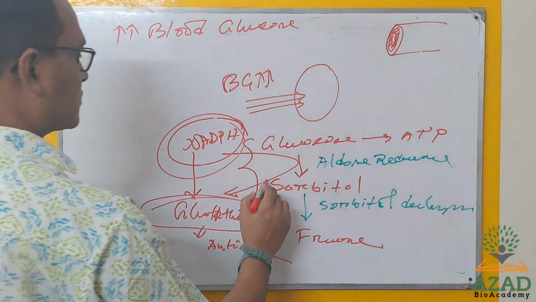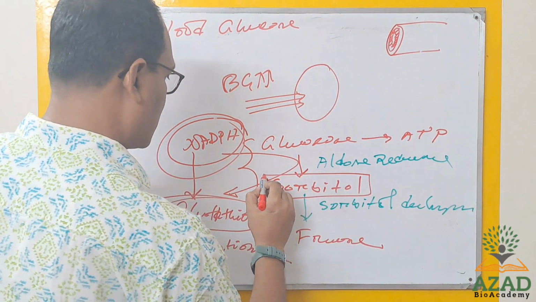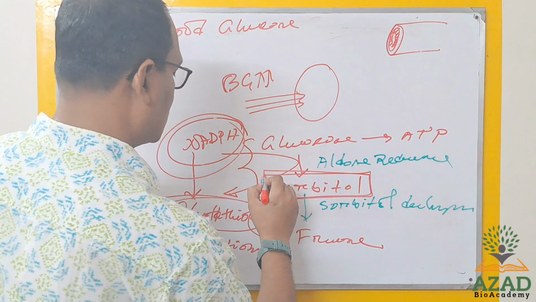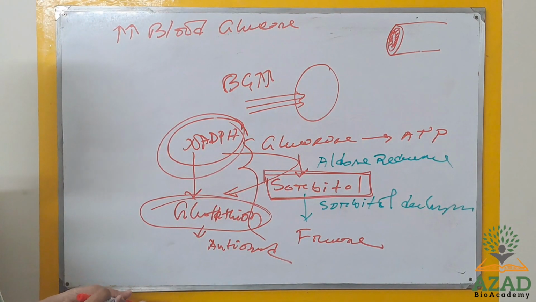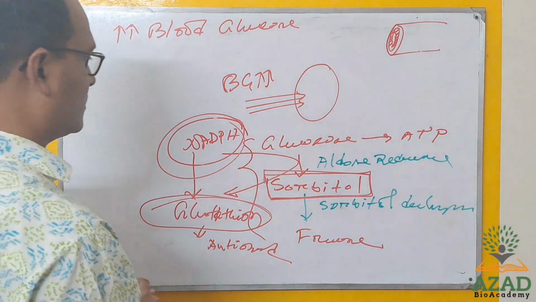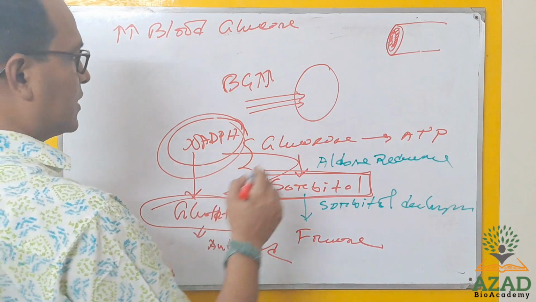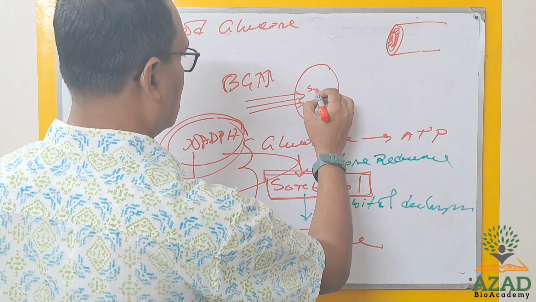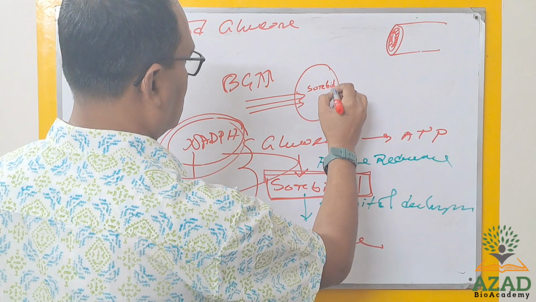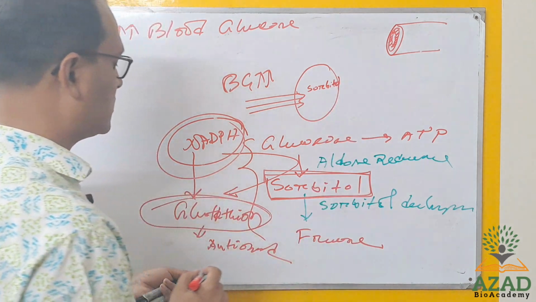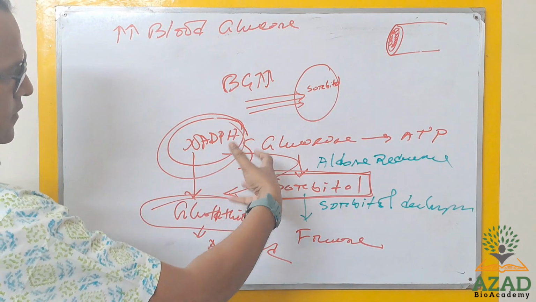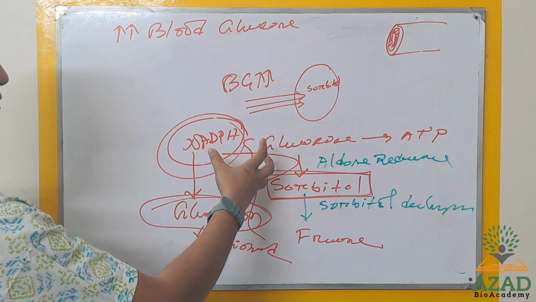Another thing is that sorbitol itself is one of the major culprits producing different types of problems. What will it produce? So you can think here, sorbitol actually creates some problem.